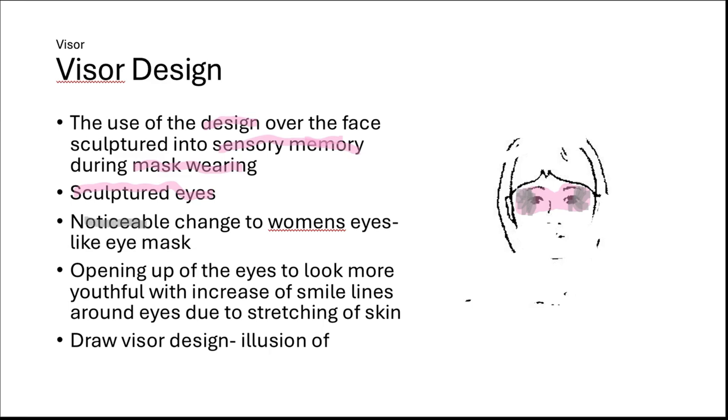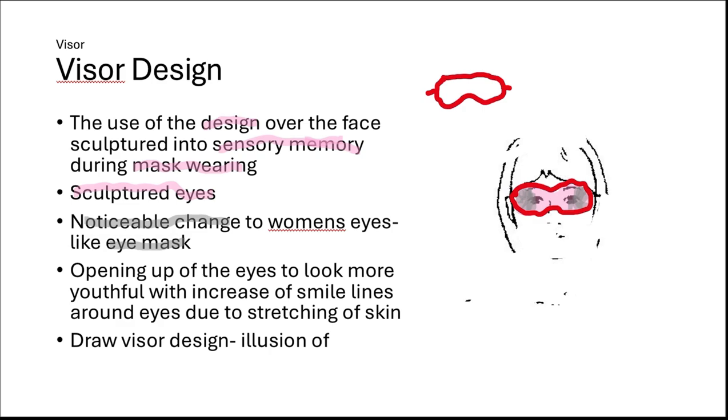One way to describe the sculptured eyes is to say that the face appears more youthful. It's a noticeable line change to women's eyes, like an eye mask. The eye mask is those sleeping patches that people either wear on the planes or buy like this. And so it's to see that this is being designed with nanotechnology into the eye area.